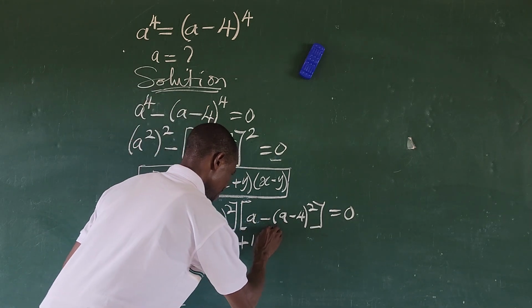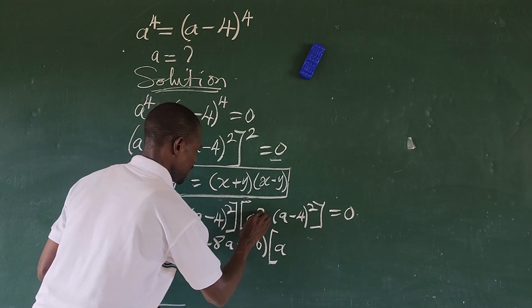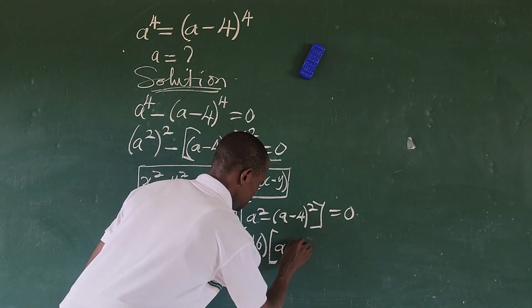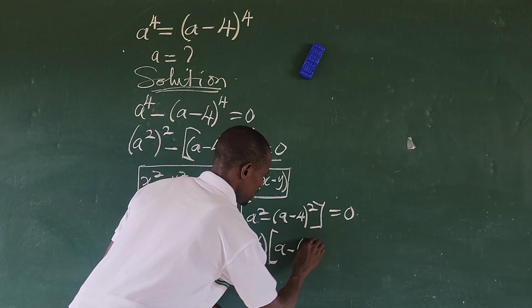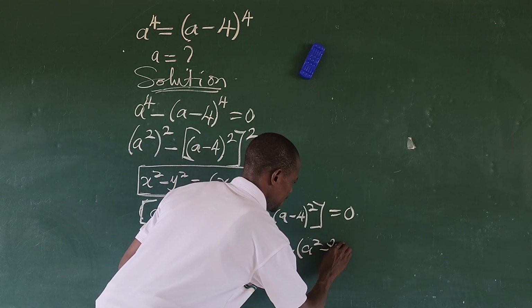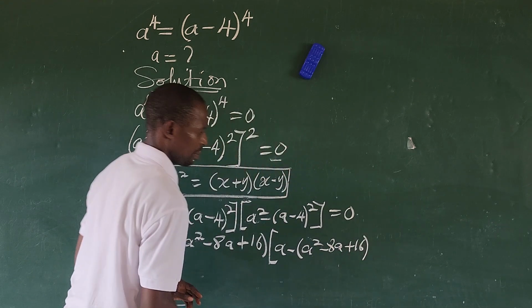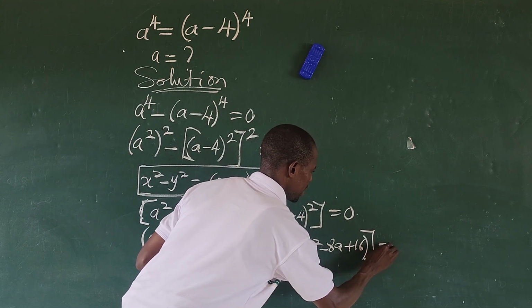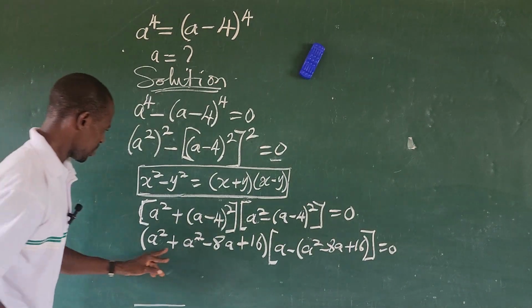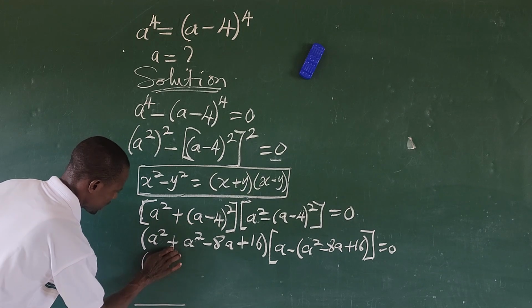So let's close this with a square bracket. Here we now have a squared, then minus (a squared minus 8a plus 16), close the bracket, everything equal to 0. So we discover that here we're going to have 2a squared.